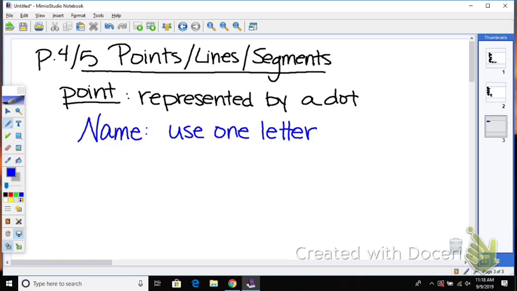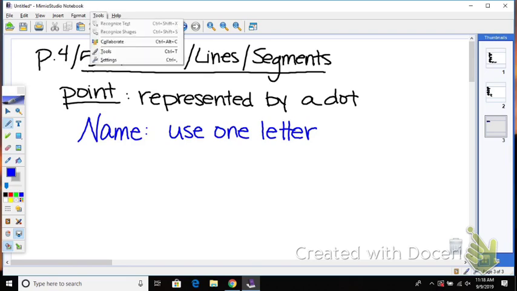So whatever the letter is next to the dot, that's what you use. So this is as easy as it sounds. A point is a dot. It's going to have a letter next to it. And if I want to name that point, I use the letter. I'm not doing anything tricky. That's as easy as that is.